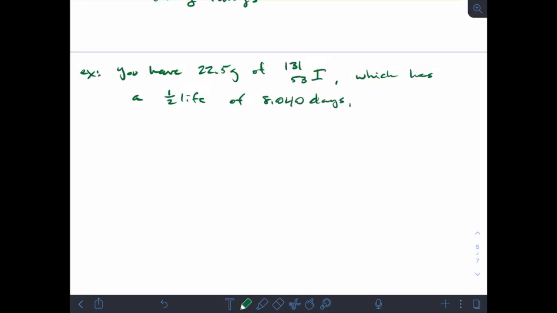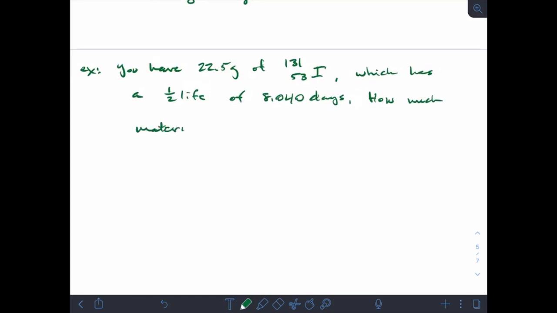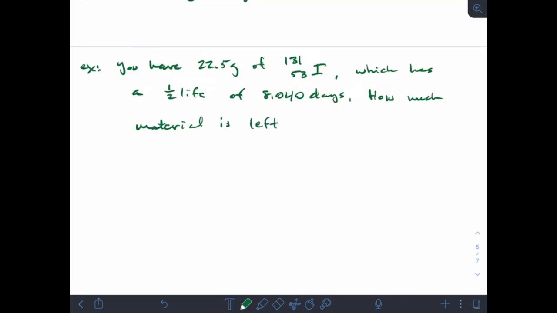The question is, how much material will you have left at, let's say, 3.4 days from now?